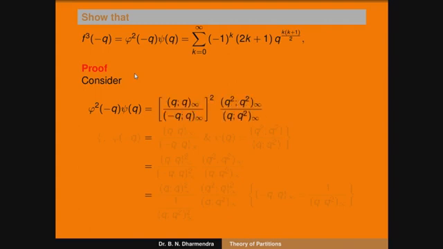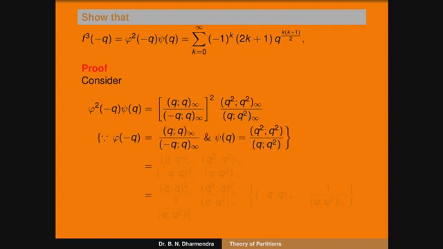Observe here: phi of minus q is (q; q) infinity divided by (minus q; q) infinity. So we take the square, because in the statement of phi squared of minus q into xi of q, the term is (q squared; q squared) infinity divided by (q; q) infinity.